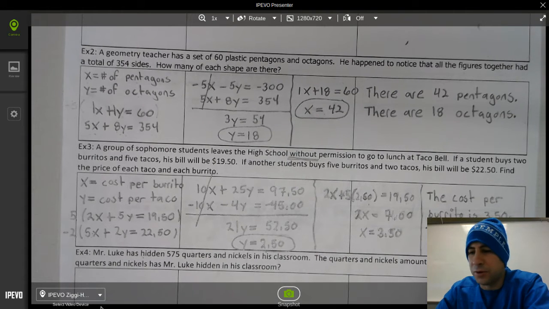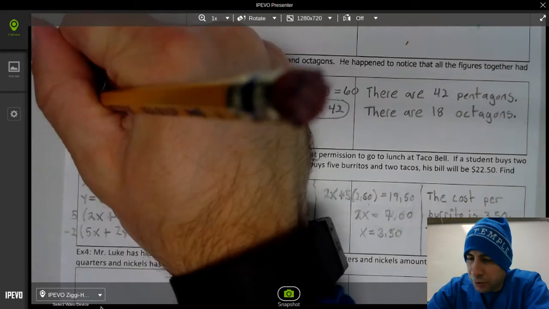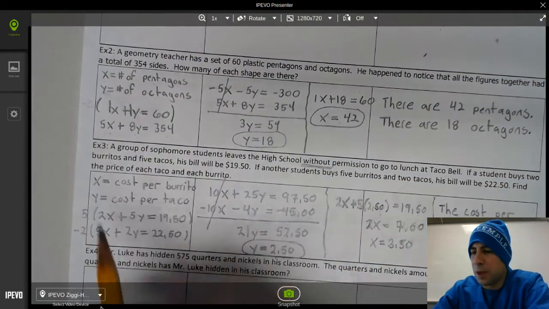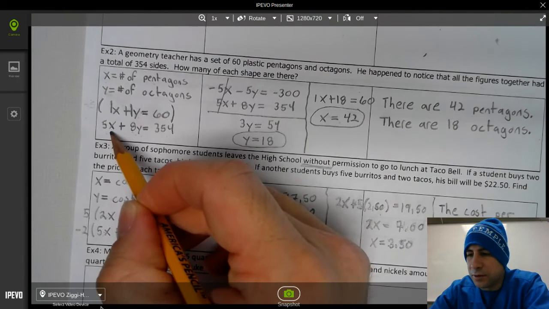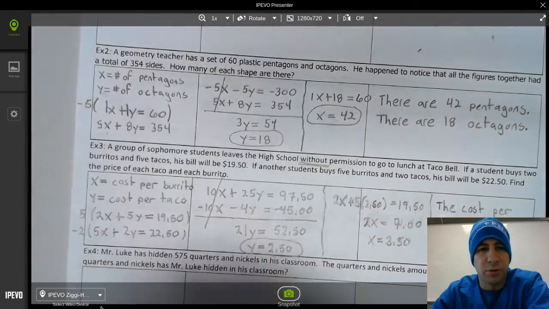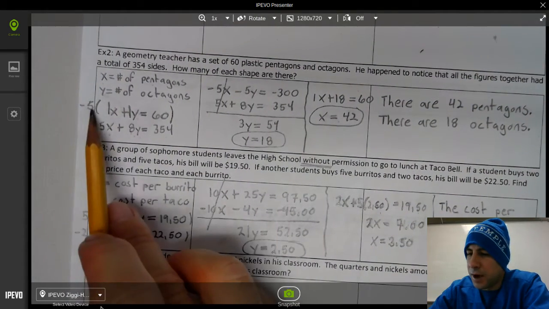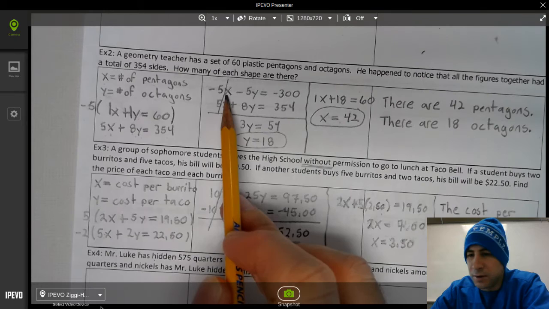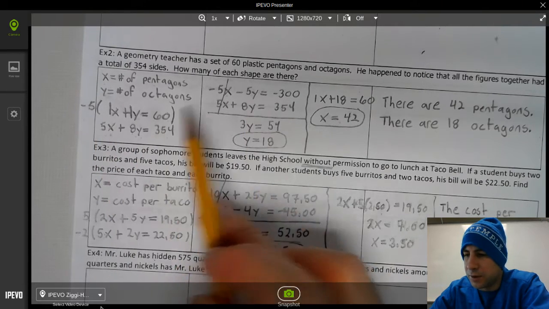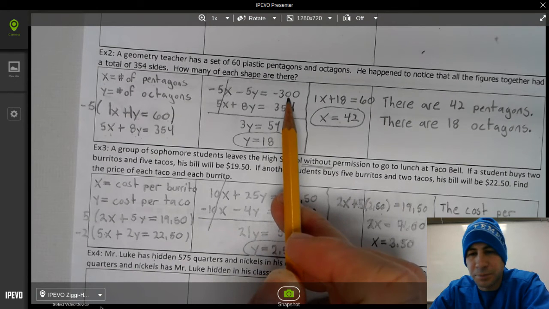Now step 3, solve. As you saw as I erased it, I'm going to put a 1 in front of the x and y, and to cancel the x's, if we multiply by -5, they'll cancel. So -5 times 1x is -5x, -5 times 1y is -5y, and -5 times 60 is -300.